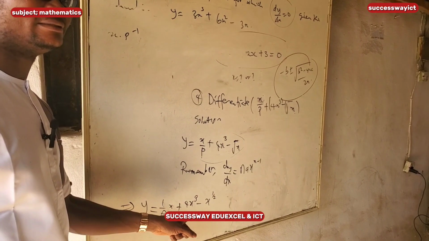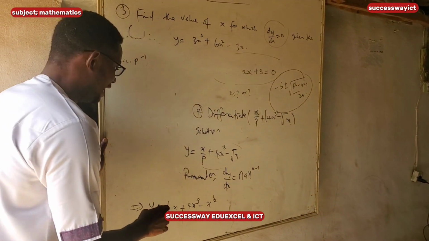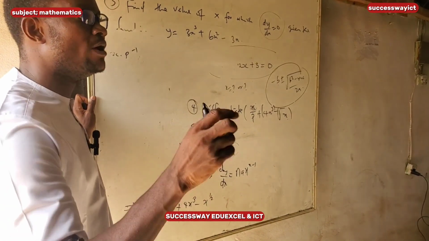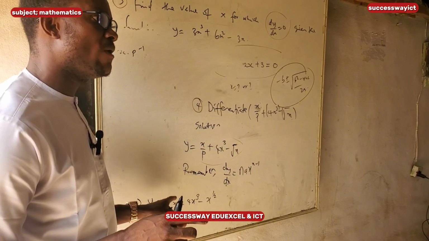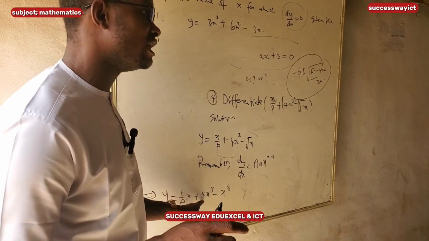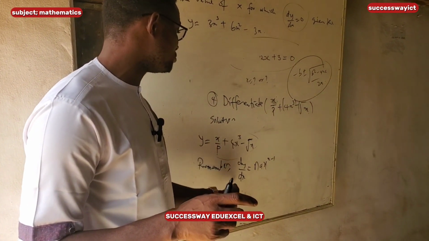Are we together? Now, in this function, 1 over p is a constant. That is the coefficient of x. 4 is the coefficient of x to the power 3, while 1 is the coefficient of x to the power 1 over 2.